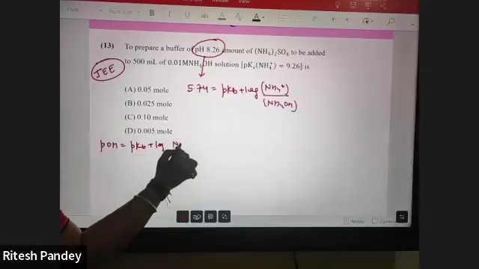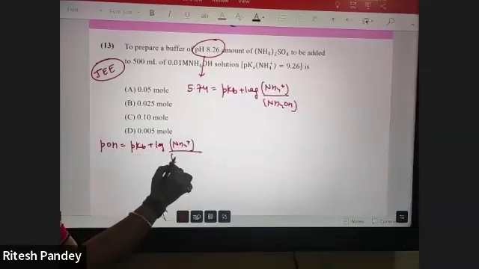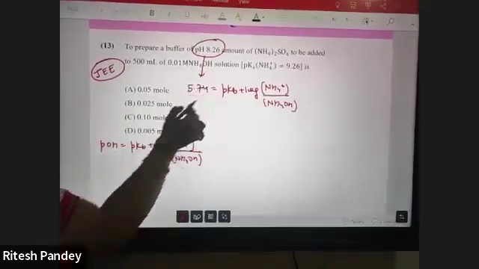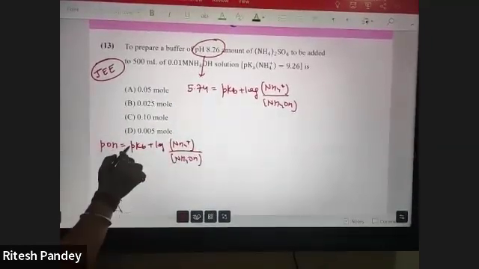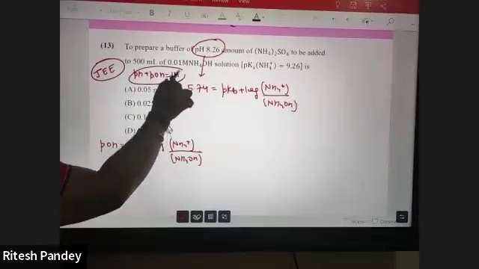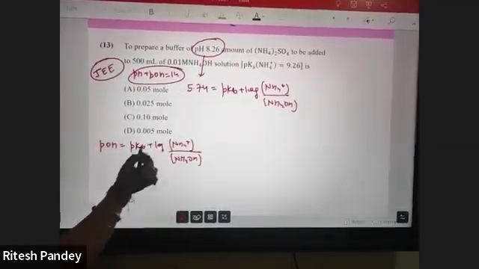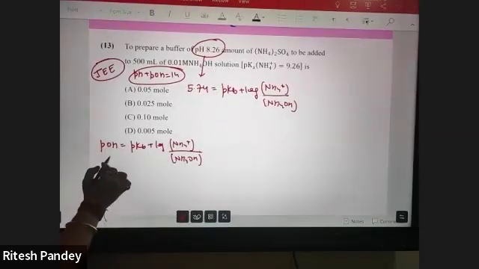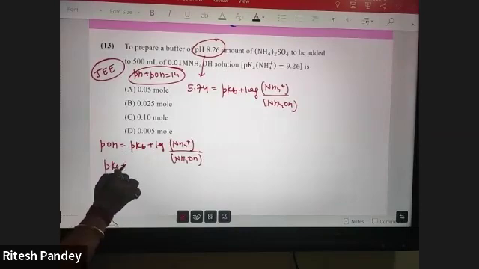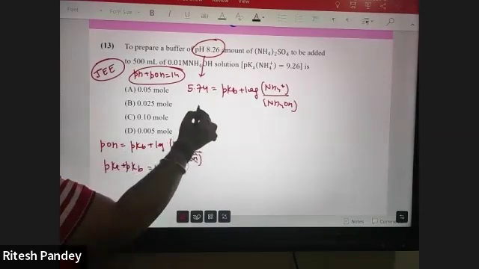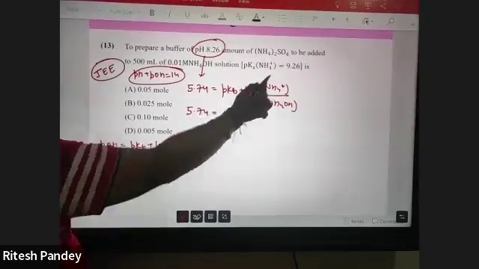It's always good that in the real exam, you go by the rules of the game. I know it's a basic buffer. This is the Henderson equation. I know pH plus pOH is equal to 14, so I'll use that to get pOH from the pH value given. I also know that the pKa given here is for the conjugate acid, and another result at hand is pKa plus pKb for a pair of conjugate acid and base is 14. So I'll keep it simple and go by the rules as I told you.